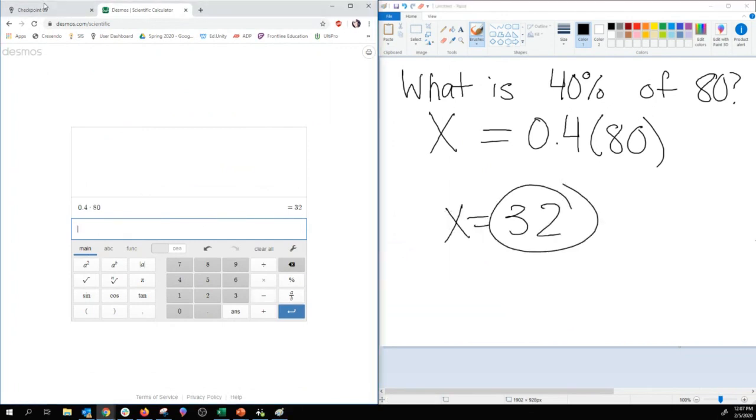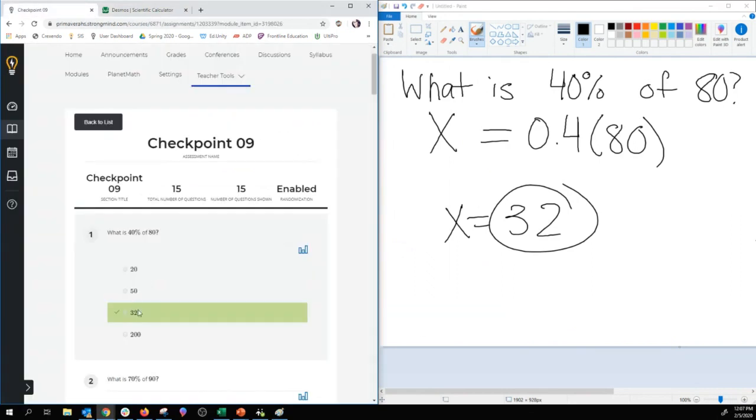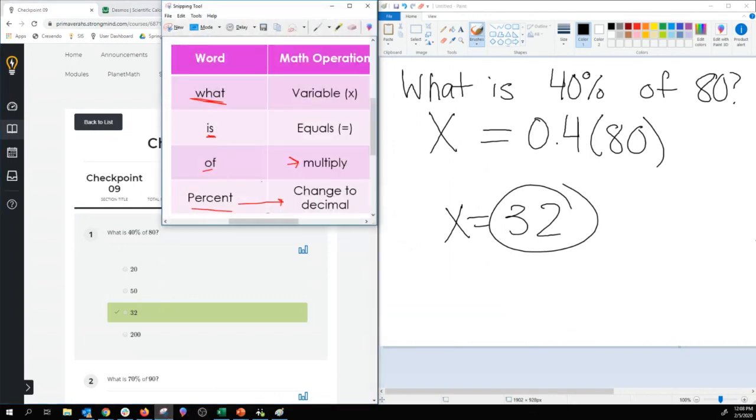So 32 is my answer. I would recommend going back to that lesson 9 video for the quiz and writing this table down somewhere, because I use this table all the time when I'm solving these.